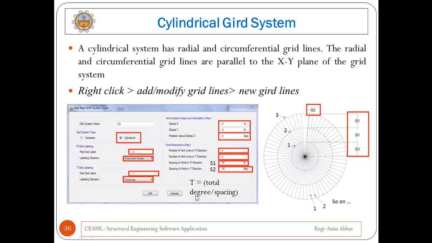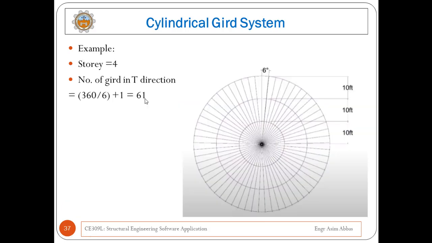So this will give you the total number of grid lines, and you will add +1 to complete your circle. Okay, in case of multiple grid systems, you will specify the origin and orientation of your particular grid system. From here you will enter the global X, global Y and rotation about global Z direction. Okay, in this example, the number of grid lines in T direction is 61, and it is determined this way: 360 divided by 6 plus 1.